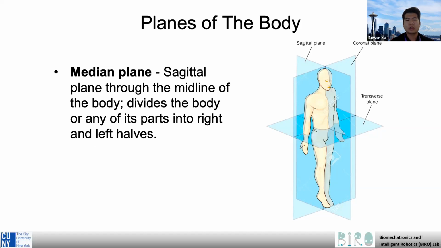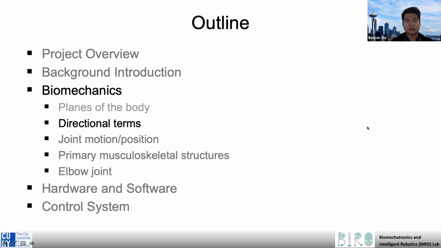So this one is a very special sagittal plane, but it also tells us it doesn't have to be in the middle to be a sagittal plane. Anything could be a sagittal plane, like your elbow. The flexion and extension of it, you can consider to be happening on the sagittal plane. Now let's talk about the direction terms.